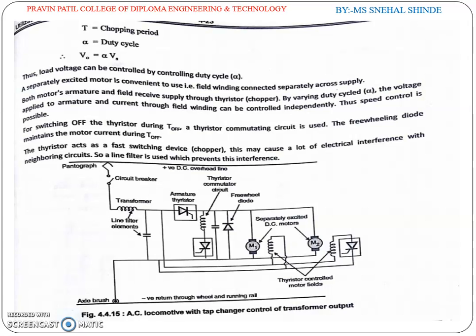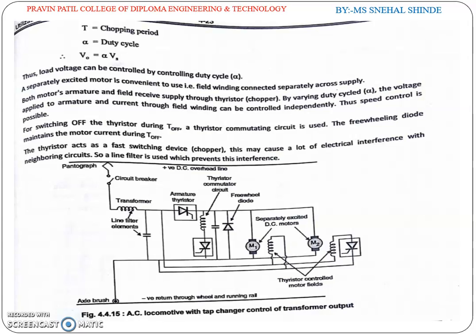The excitation is DC excitation by the thyristor control of the motor field winding. This winding takes the DC current and gets excited. Then the axle brush is provided to the negative return through the wheel and the running rail.